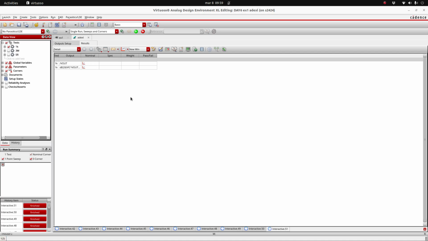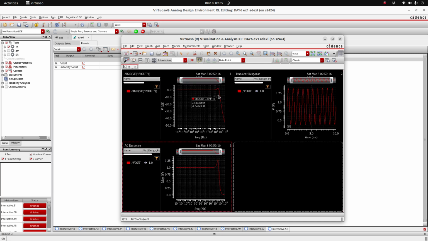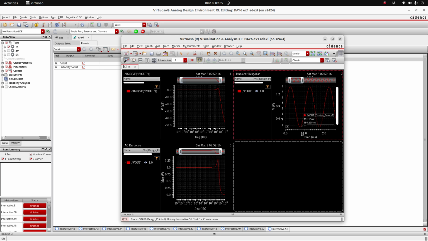So we run this simulation, and then we see our output, a sinusoidal signal with an amplitude of 500 millivolts that we expected.